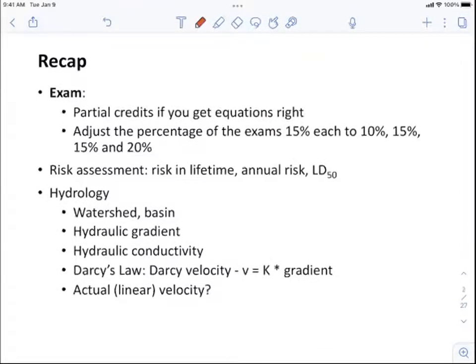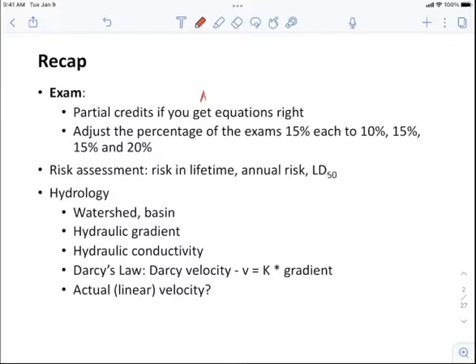I did receive a few emails about how I am going to grade the exam, so whether I will provide partial credits. For the single choice questions, it's quite unlikely that I can give you partial credits, right? It's just one answer there. But for the calculation problems in part 2, I will give you partial credits. For example, the first problem on the alkalinity calculation, if you just show the equation, right?